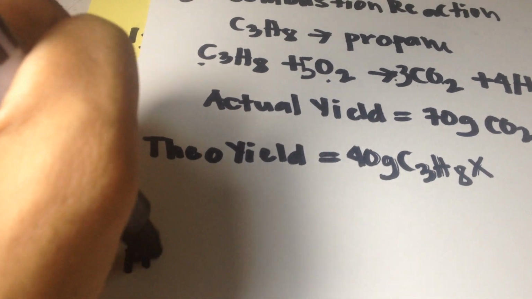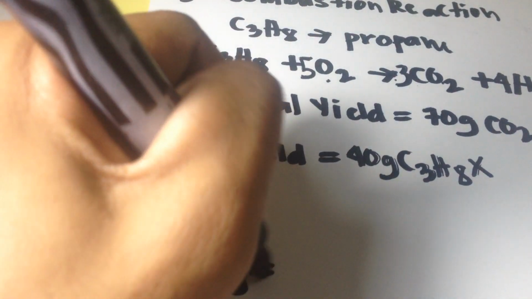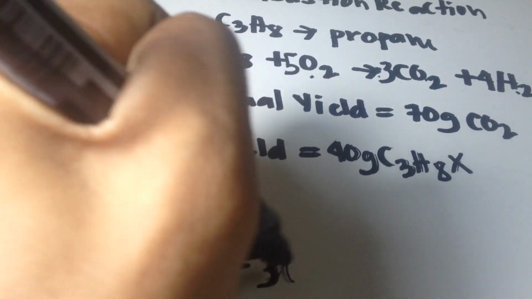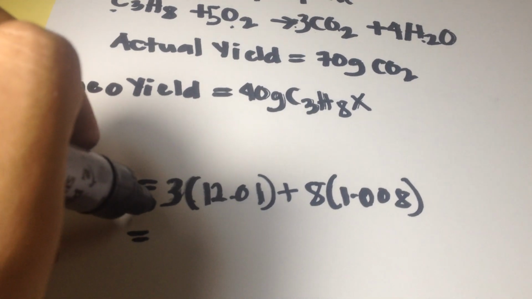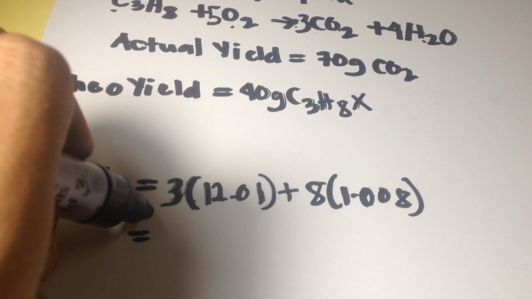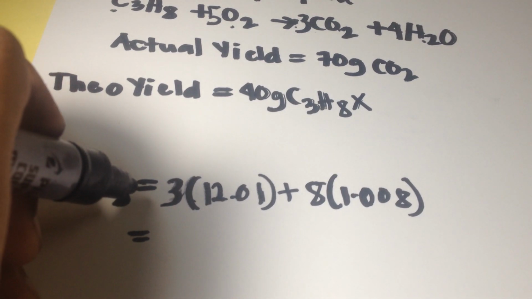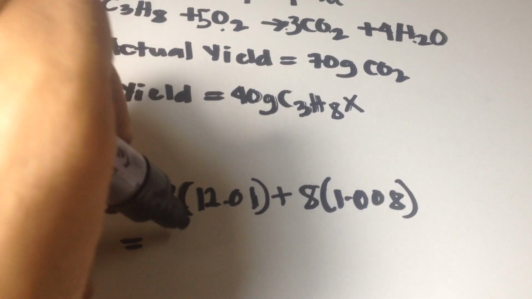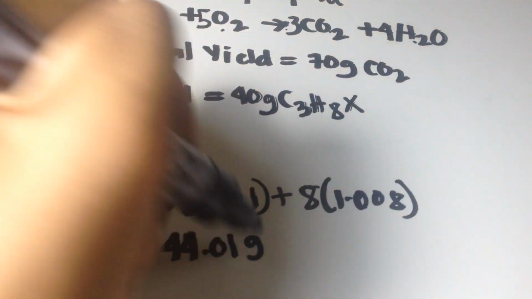Now here, the molecular mass of C3H8 is equal to 3 times 12.01 plus 8 times 1.008, which is equal to 44.01 grams per mole of C3H8.